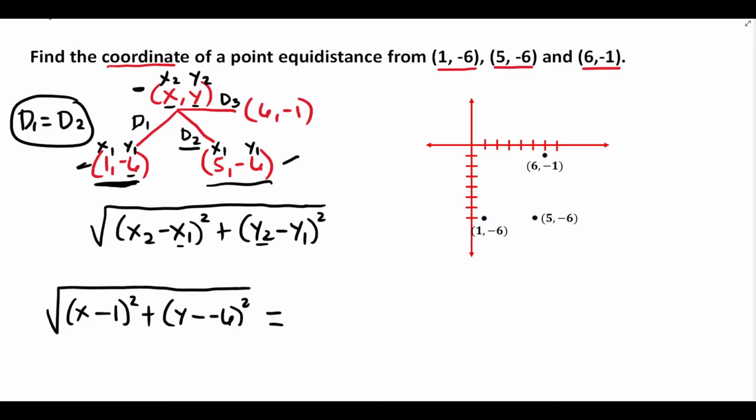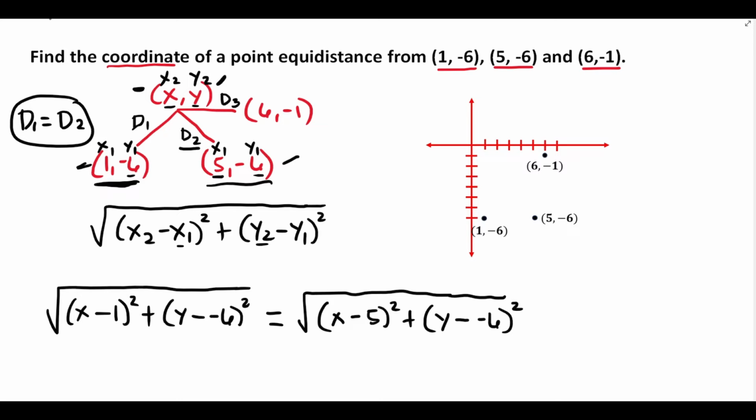And these are the points for distance 2. So we have the square root of (x minus 5) to the power 2, plus (y minus -6) to the power 2.